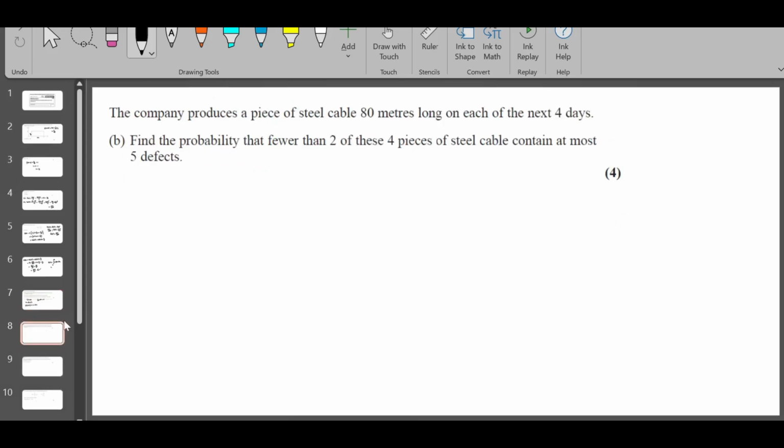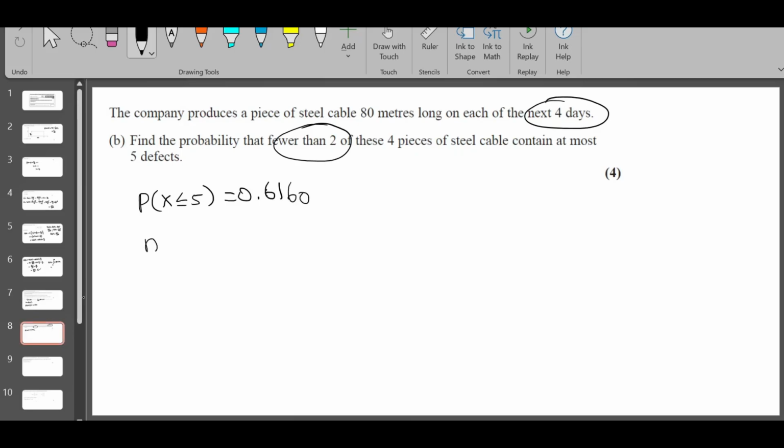Let's look at part B. A company produces a steel cable of 80 meters long on each of the 4 days. Okay. Find the probability there are fewer than 2 out of these 4 pieces of steel cable that contain at most 5 defects. Okay, we have already calculated the probability of at most 5 defects as 0.6160.